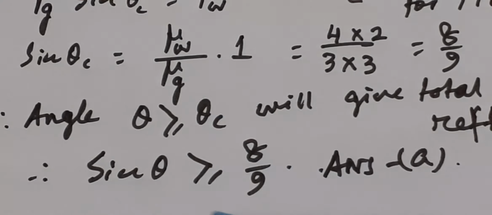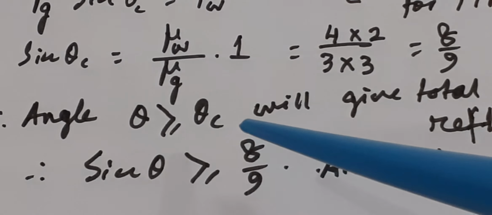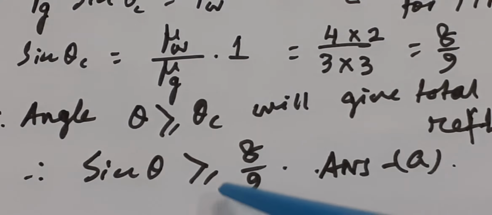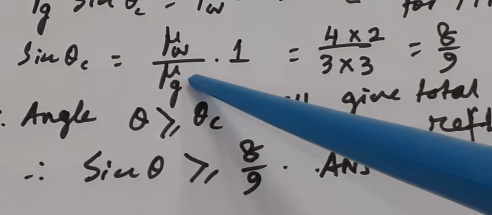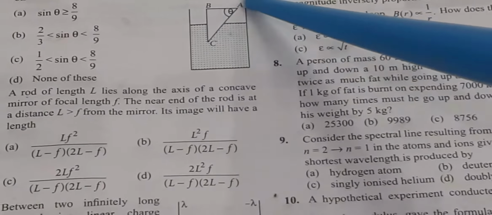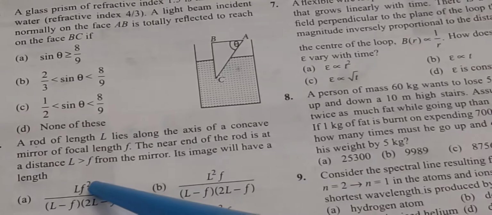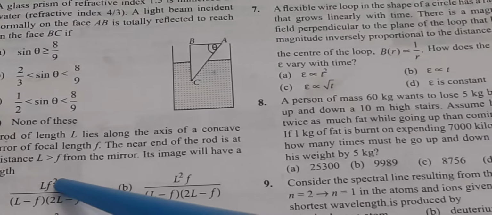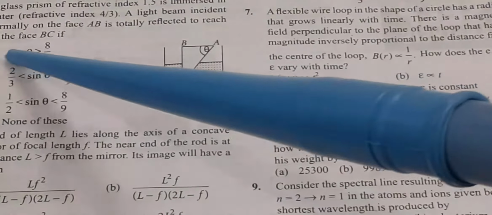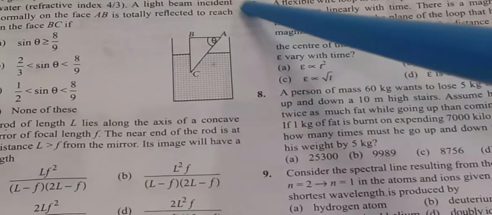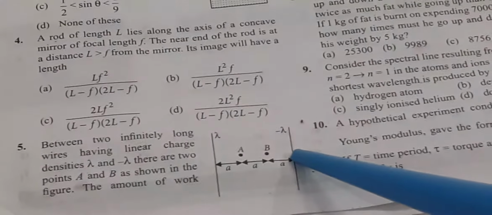For this particular angle the critical angle is available, and for more than that angle you will get total internal reflection. That is the point here. Now the answer is A, which gives the correct answer: sin theta greater than or equal to 8/9. Simple job.